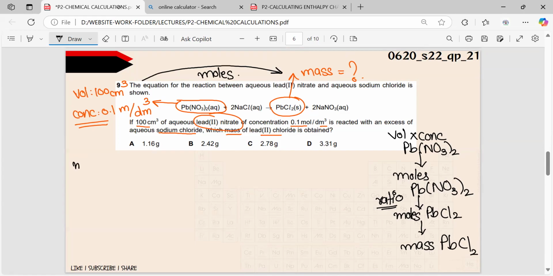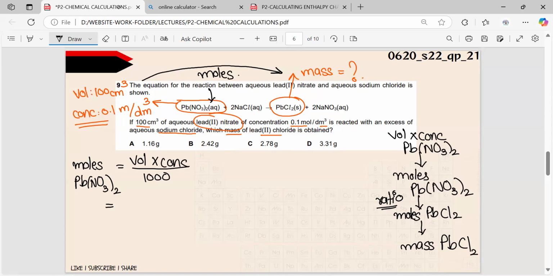So let's find the number of moles of lead nitrate first. Moles of lead nitrate is equal to, the formula which we use for solutions is volume into concentration divided by 1000.